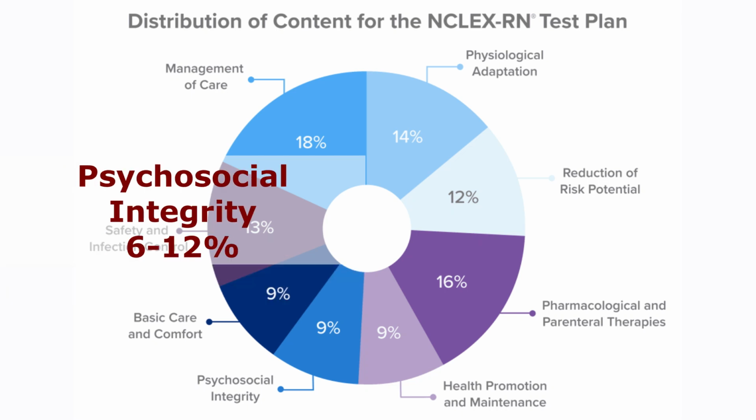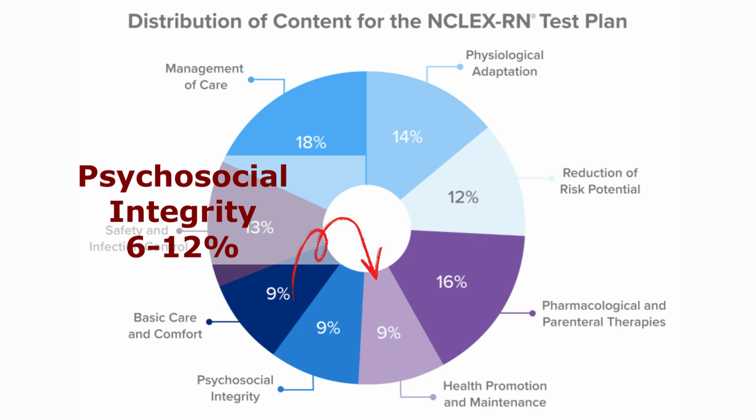Okay, the next category is psychosocial integrity. Now think about what that means. Psycho is your mind, social is society, right? So psychosocial integrity focuses on things like the emotional, mental, and social well-being of your client. Any of your psych questions might fall into this. Cultural issues will fall into this.